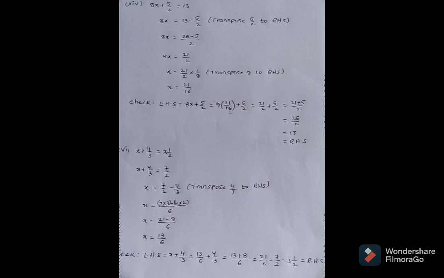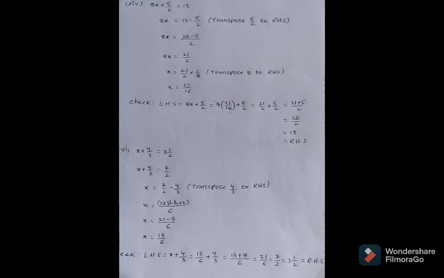Let us check whether it is right or wrong. Check LHS. What is LHS? 8x plus 5 by 2. Here we substitute x value 21 by 16 in this expression. So 8 into 21 by 16 plus 5 by 2. So 8 1s are 8, 8 2s are 16.